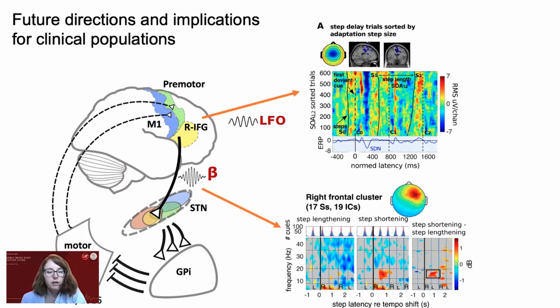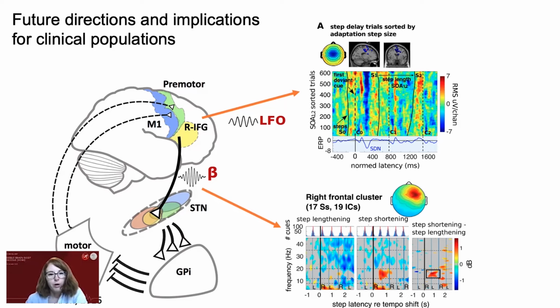And it's possible that this reduction of the error-related potentials in Parkinson's might hinder them from recognizing obstacles in time and then implementing the behavioral changes.